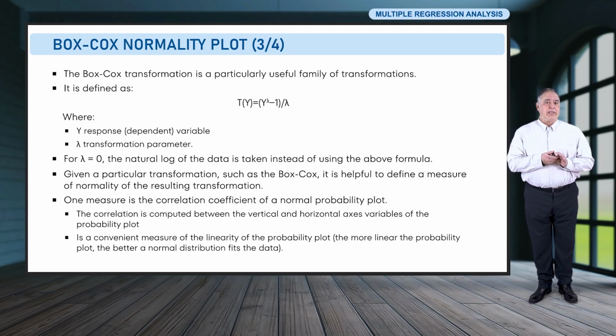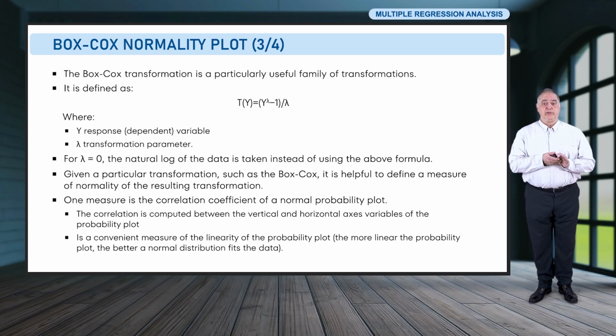For a value of lambda that is equal to 0, the natural log of the data is taken instead of using the above formula. Given a particular transformation, such as the Box-Cox, it is useful to define a measure of normality of the resulting transformation.